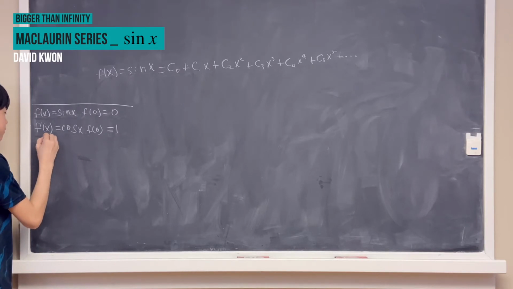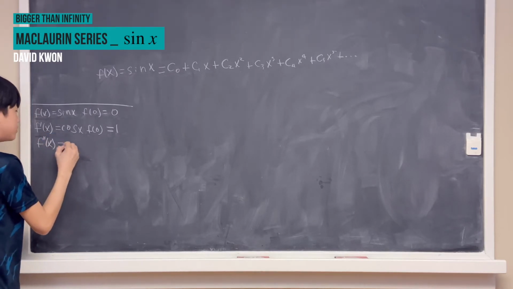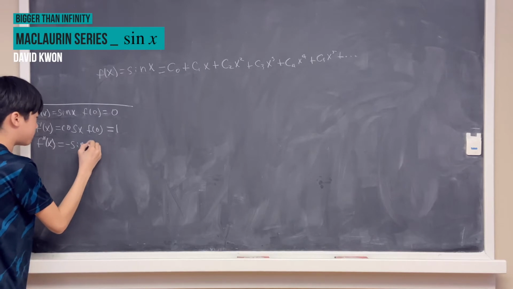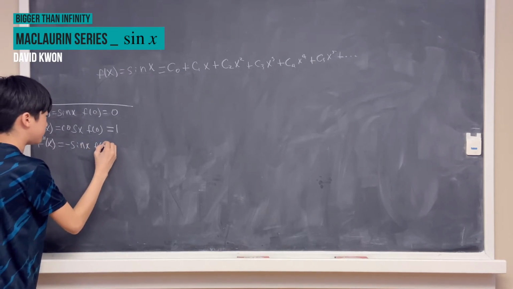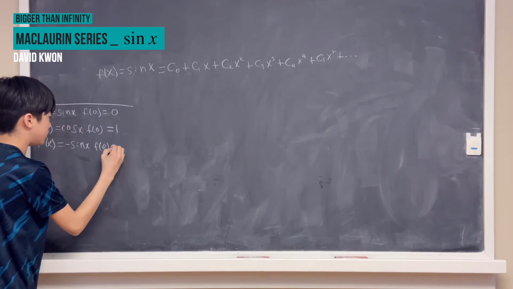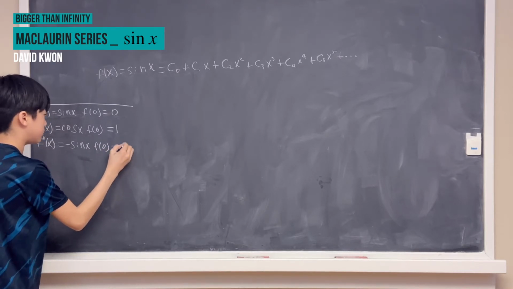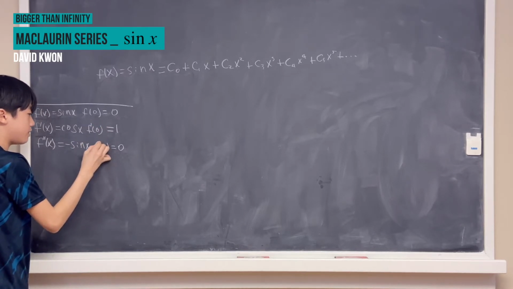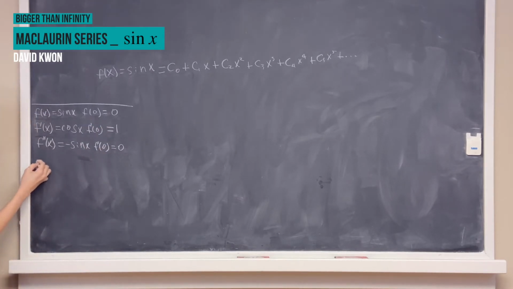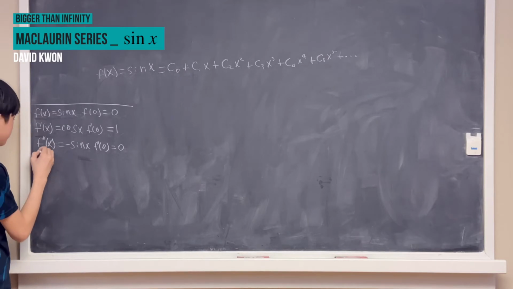Then we differentiate this function again. We have f double prime x is equal to negative sin x, so f double prime 0 is equal to just 0. Oh yeah, I forgot my prime signs for this function.